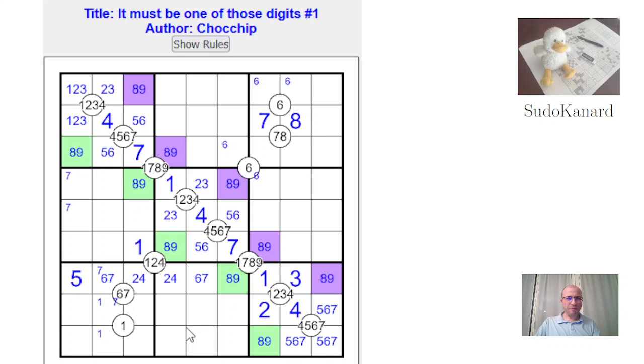Not quite sure. We could try to locate digit 9 in this area, or perhaps the green digit in this area, because the green digit is not on this row and it's not here. The green digit is somewhere here.